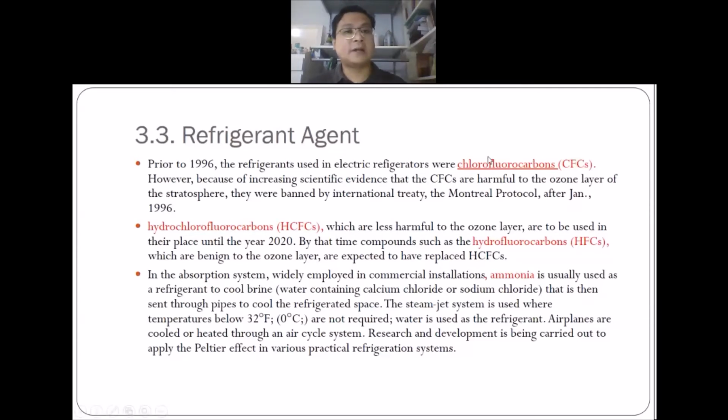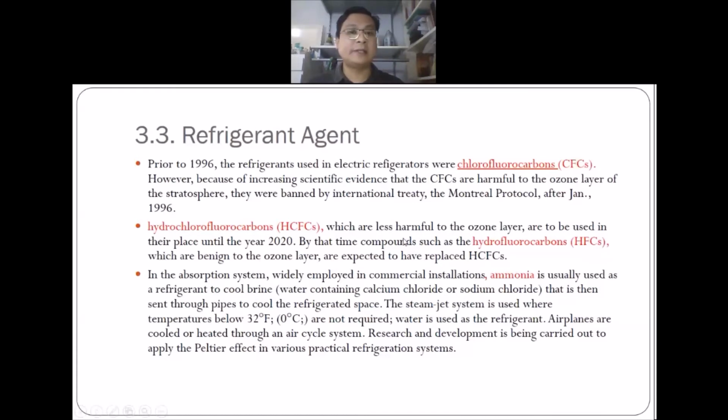However, because of increasing scientific evidence that CFCs are harmful to the ozone layer of the stratosphere, they were banned by international treaty, the Montreal Protocol, after January 1996. So after that, we don't use this refrigerant anymore.